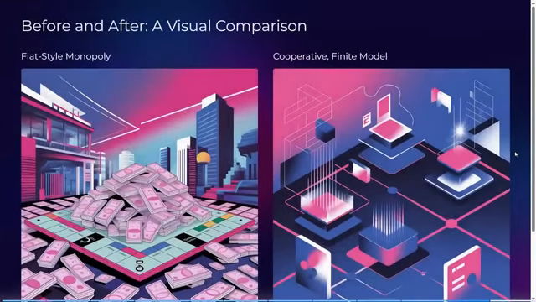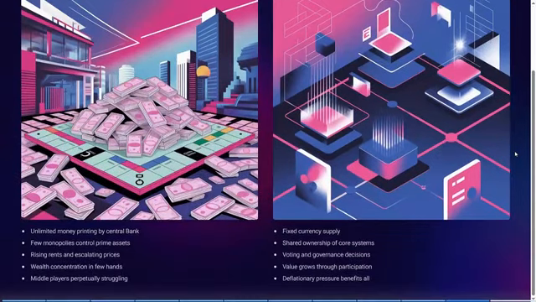So before and after, and this is just a visual comparison. In the old game of Monopoly, you have unlimited money printing by that central bank. In the new one, you would actually have a fixed currency supply. In the old game, you have few monopolies that control prime assets. Remember, that's the original players that started the game. They had that fair model because their money was finite at that time.